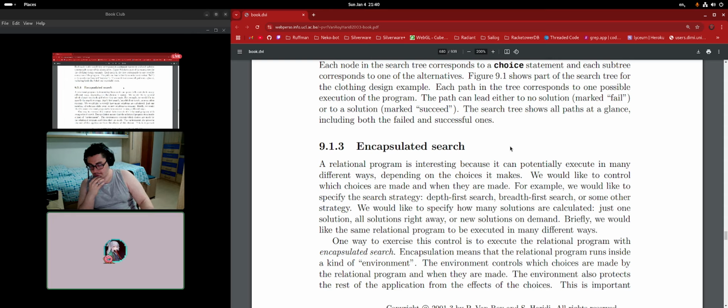No, the trick here is that there are only a few well-defined points where you have to be careful about interacting with the environment. Specifically, you have to care about any unbound variables, and in particular, variables that are introduced by the search itself as well. They have to be isolated.